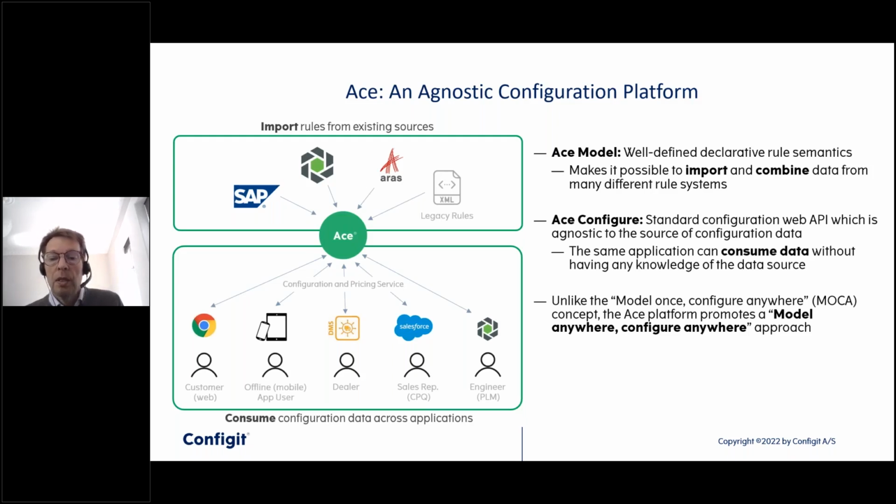We would rather keep the authoring in whatever system it is relevant to author it, but then have a single source of truth when it comes to the consumption. So instead of model once, configure everywhere, you could think of that as model everywhere, or model anywhere, configure everywhere. But the point is that we can keep the data being maintained in whatever systems that you like and still bring it together to achieve this single source of truth.